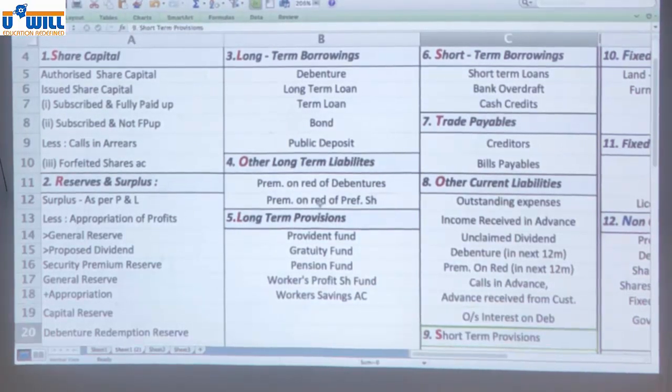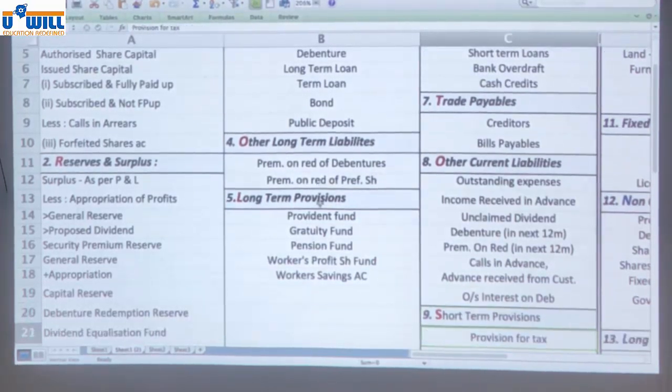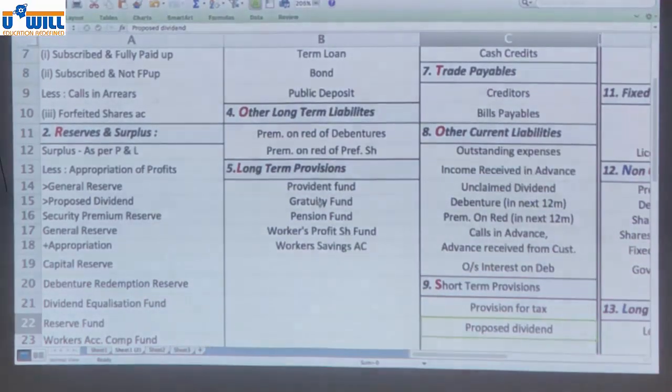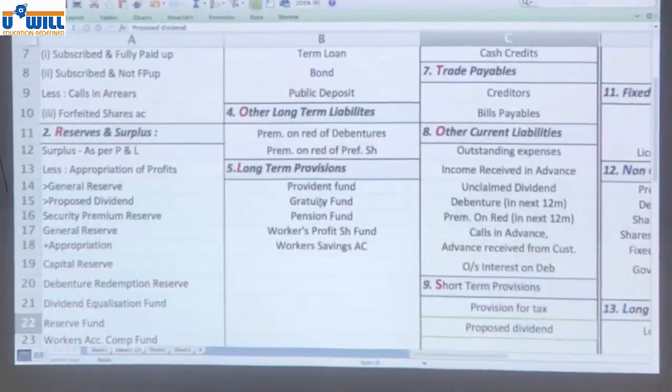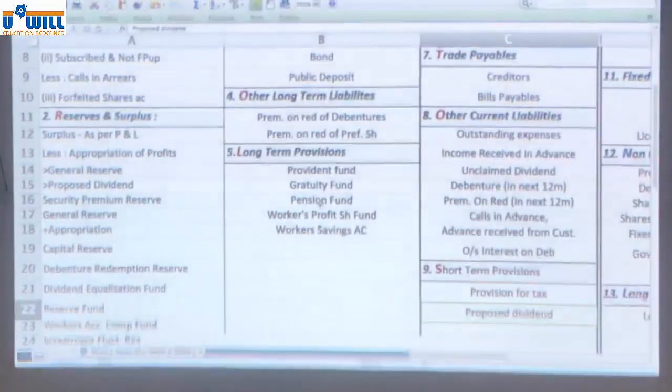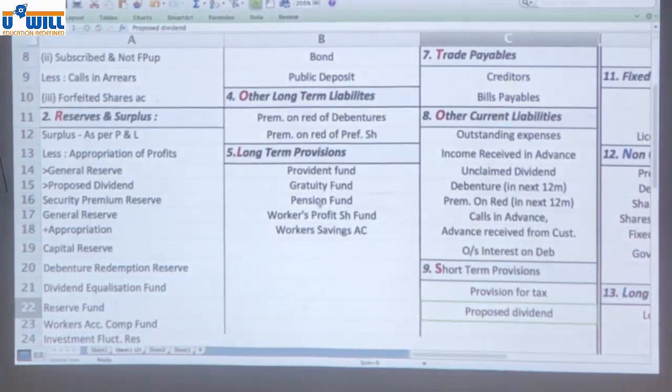And then finally short-term provisions. इसके अंदर क्या आता है? Provision for tax. तुम्हें कोई भी tax pay करना है, so that will form part of this. It's a short-term because immediately you will have to pay. And then proposed dividend. तो proposed dividend जो है वो कहाँ पे आता है?